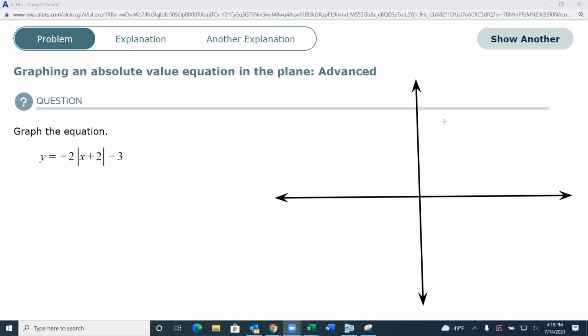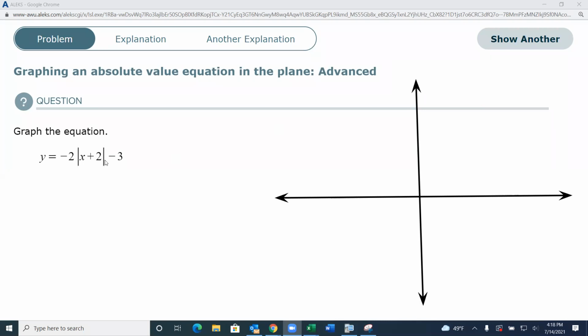Not on the graph, but I'll use the table just because I feel like it. Okay, so I need to plug in some points. I'm thinking -2, -1, 0, 1, and 2, like I did on those other two in this video. But I am going to do it on the calculator.